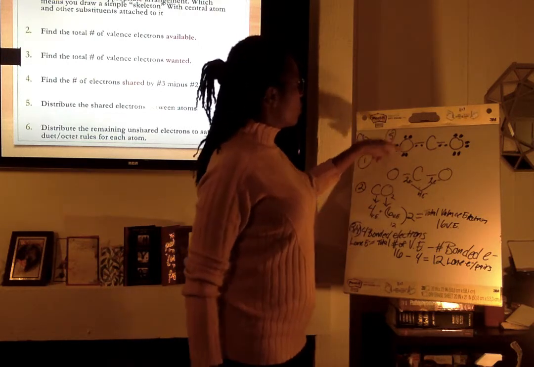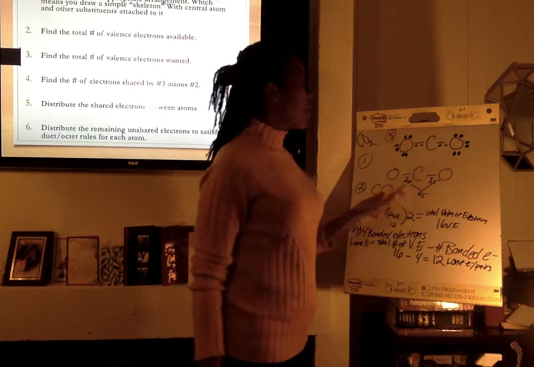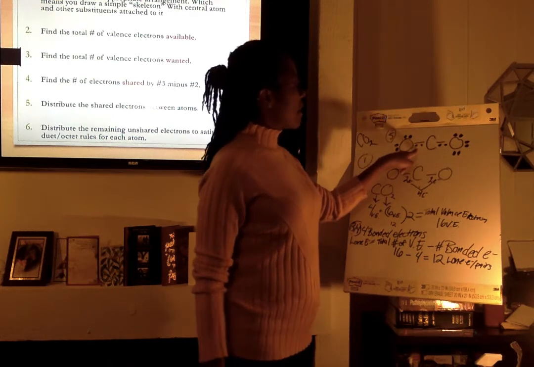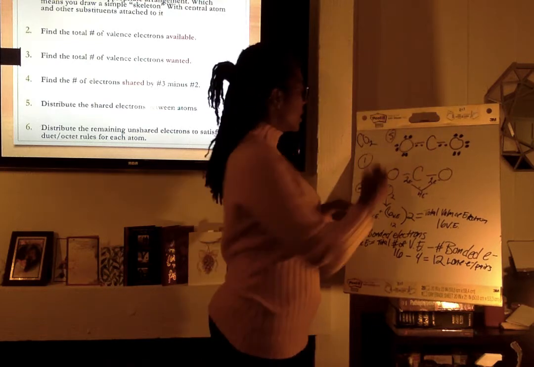So when you look at the oxygen, we want to have 8 electrons surrounding it. So we have 1, 2, 3, 4, 5, 6, 7, 8, right? That's for just this oxygen.